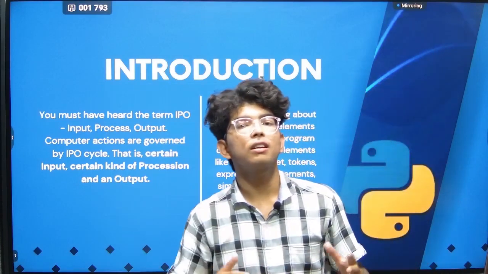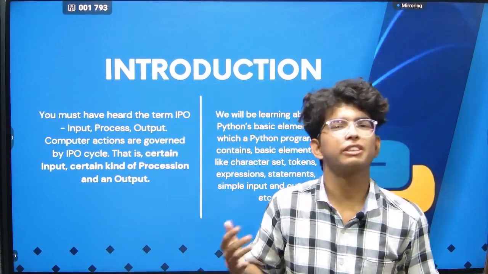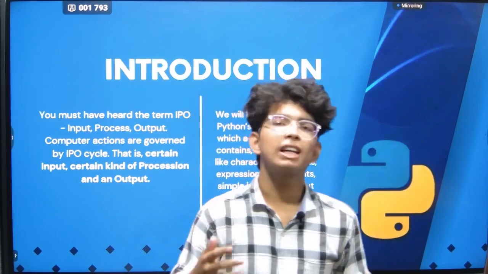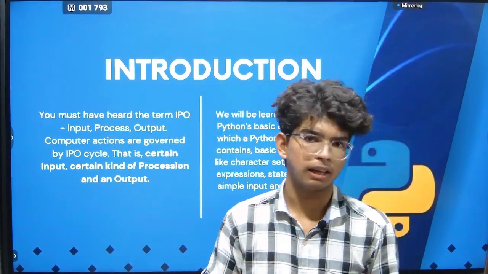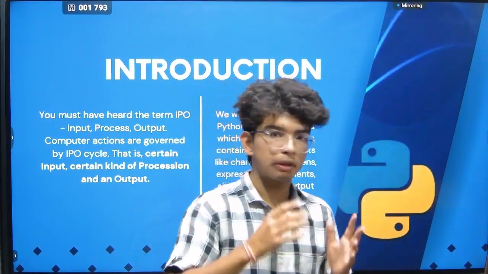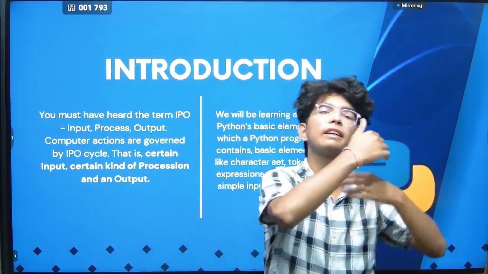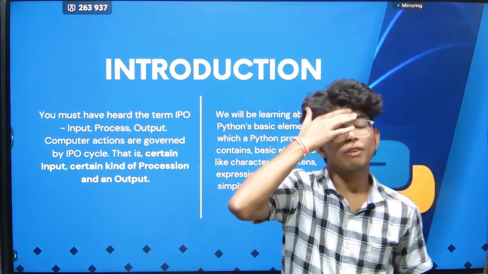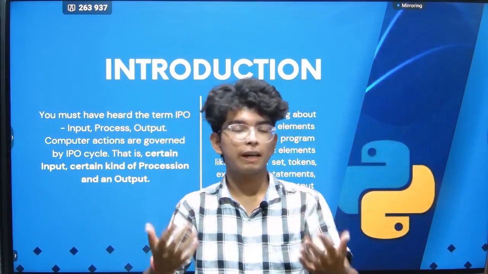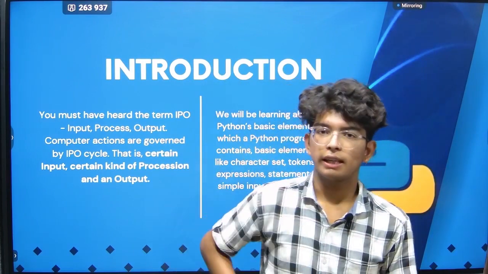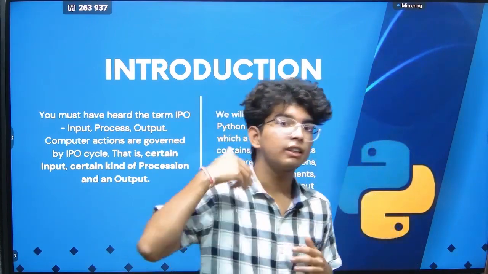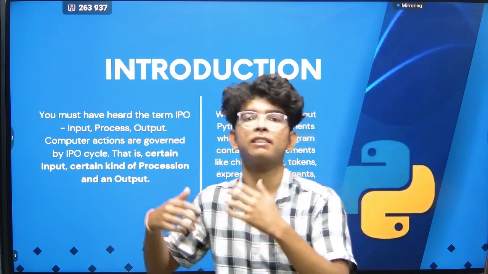Introduction. Well, we got a simple introduction, which is IPO. We have heard this word many times in our life, not just in the computer aspect but in real life also, that when we input something, it gets processed and then we get output. Just like that, when we eat food, it gets digested in our digestive system, and we get energy as an output.